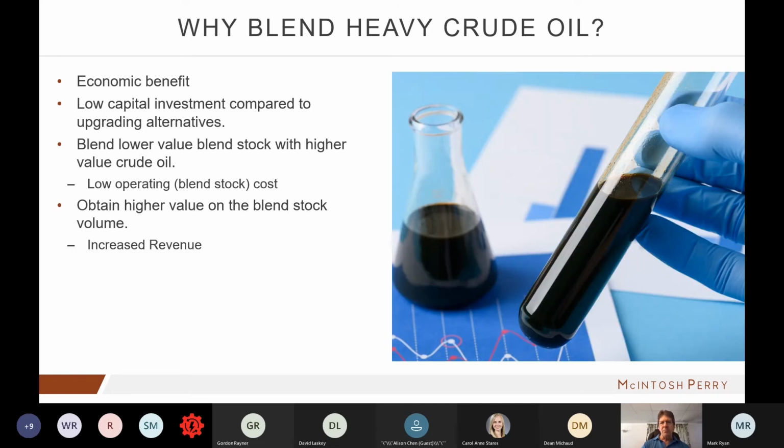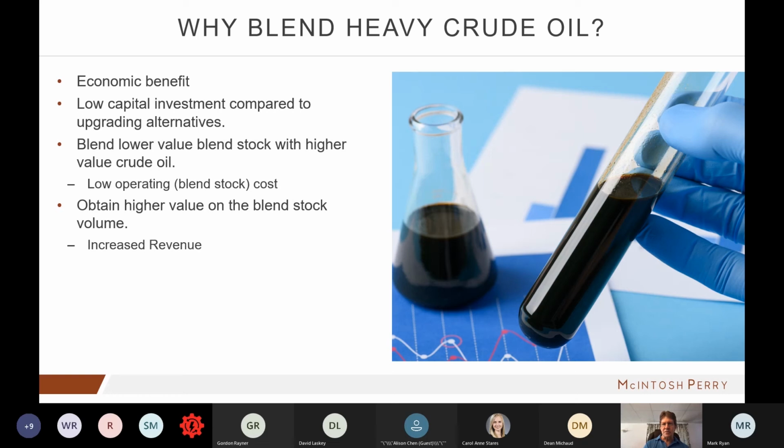So aside from a purely technical reason where we may want to change the properties or we might have to meet a specification, we can do this for pure economic benefit. So this is where we're taking a lower value blend stock, something that maybe doesn't have as good a market, and it's a liquid, and we're going to actually blend it in with the crude oil. So what are we doing? We're obtaining a higher value for the blend stock fluid that we normally wouldn't get by blending it in the crude oil.